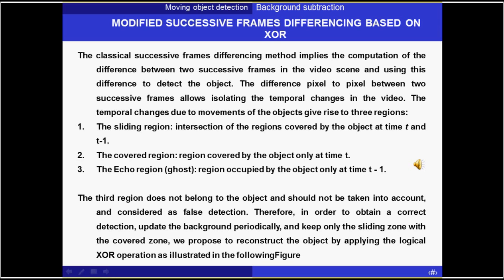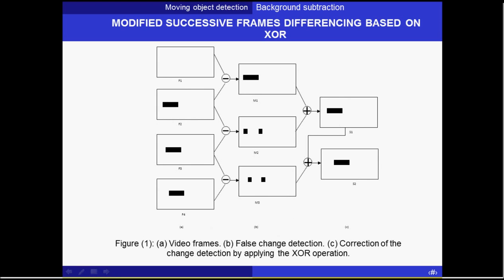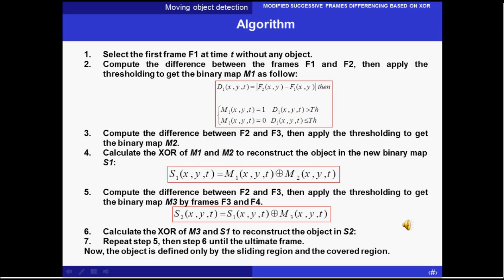Then we compute the difference between the frames f1 and f2, then apply the thresholding to get the binary map m1 as follows. Third, we compute the difference between f2 and f3, then apply the thresholding to get the binary map m2. Fourth, we calculate the XOR of m1 and m2 to reconstruct the object in the new binary map by this relation.